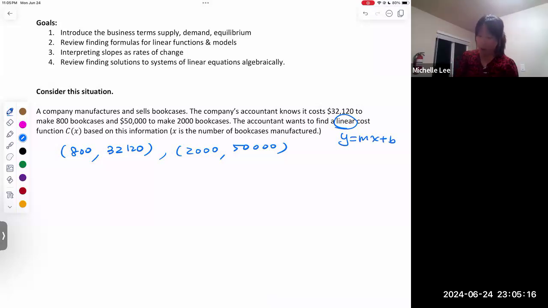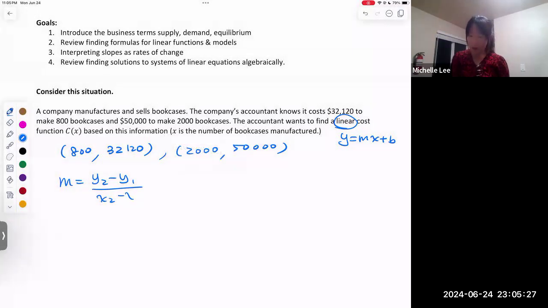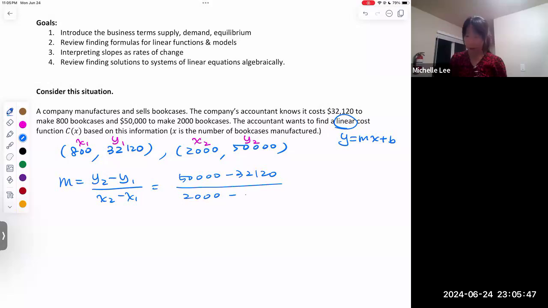So slope first. We have the slope formula, y sub 2 minus y sub 1 over x sub 2 minus x sub 1. So there will be 50,000 minus 32,120 over 2,000 minus 800, right?